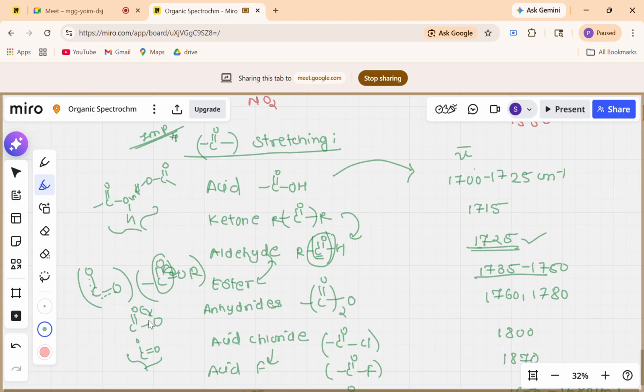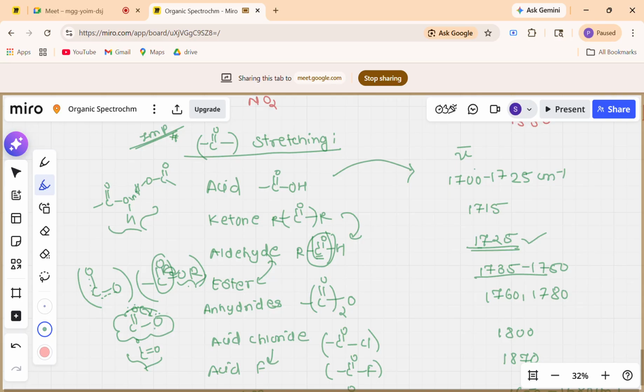Okay, so they can just ask you why, when you are comparing aldehyde and ester, the value is getting higher in case of ester. Because we discussed earlier, right, if there is a conjugation present in a molecule, then that can decrease the value, but here it's not only a conjugation, this oxygen also has its lone pair, right? So it's more or less like both the oxygens are having a double bond.